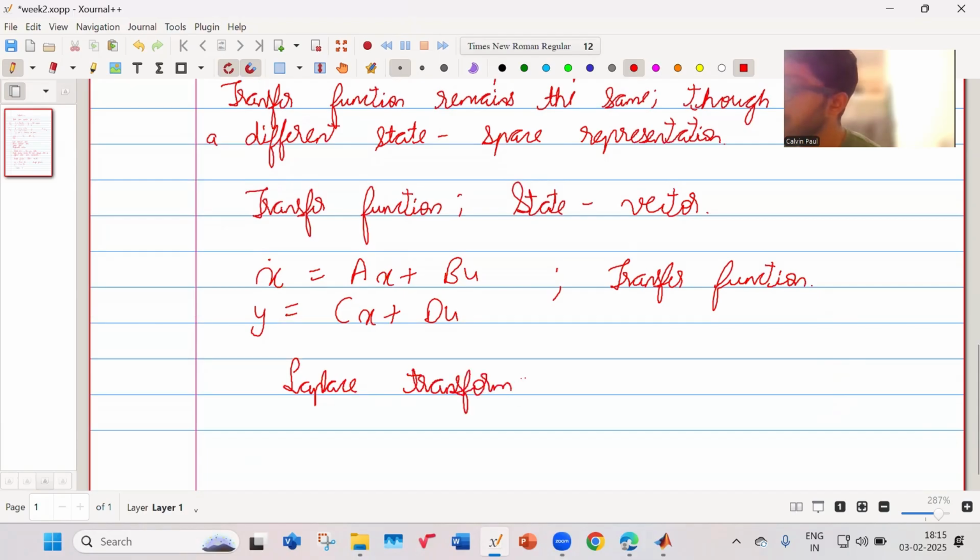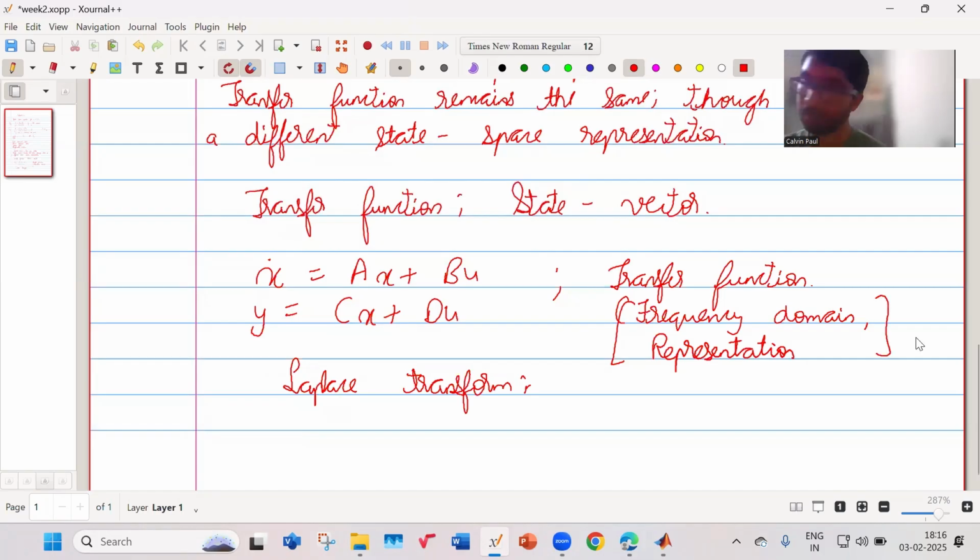A point to keep in mind is the transfer function is a frequency domain representation of a system.